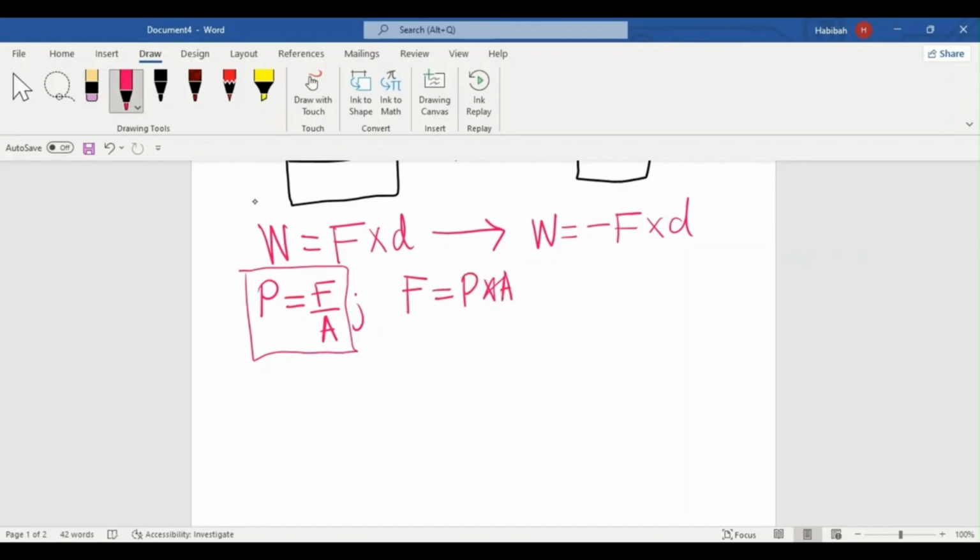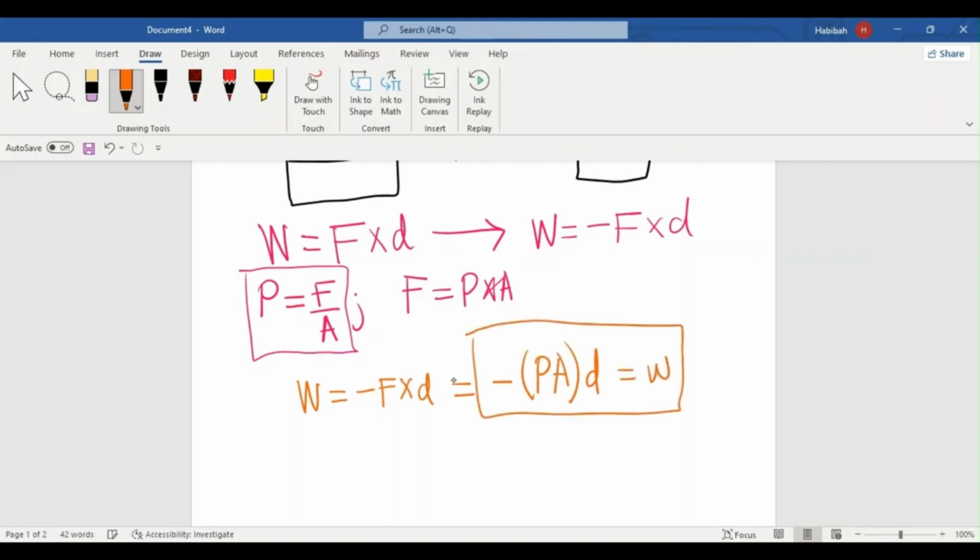Now we have what we need. Work, which is negative force times distance, is now negative pressure times area times distance.